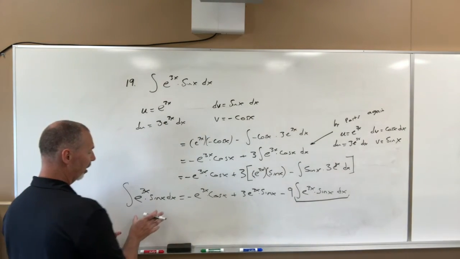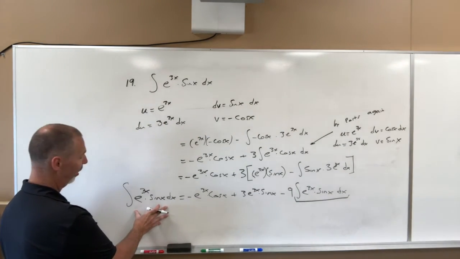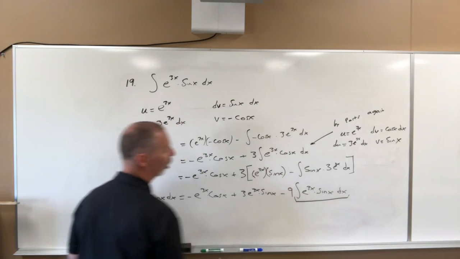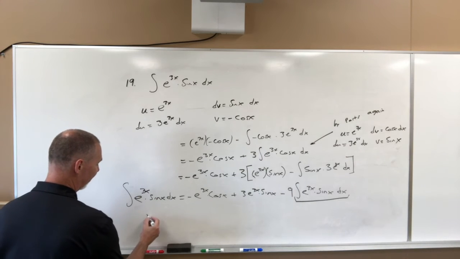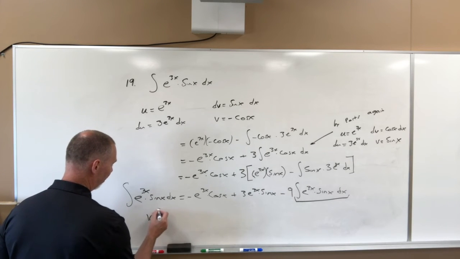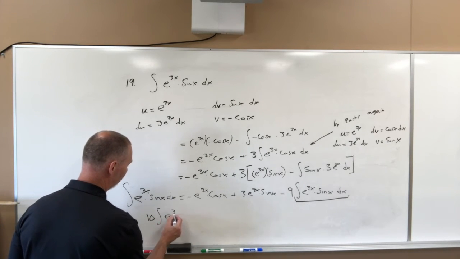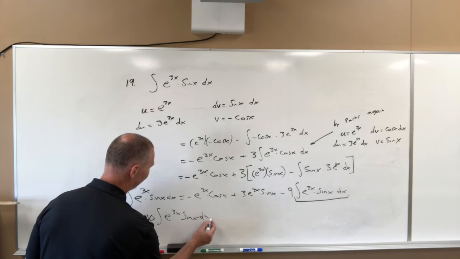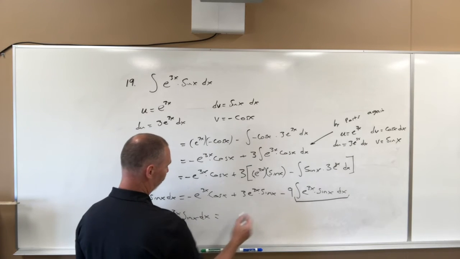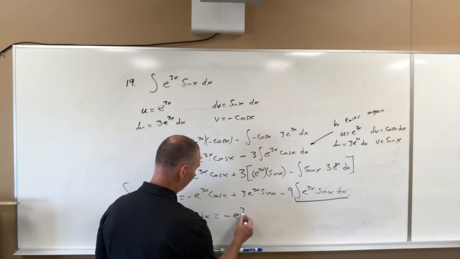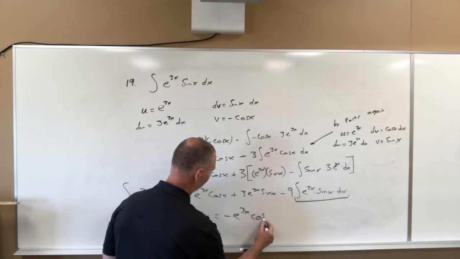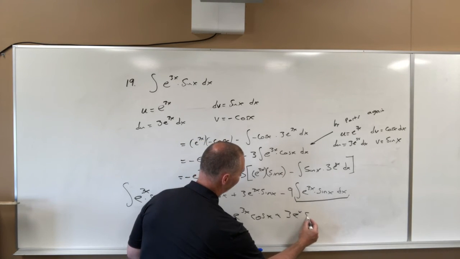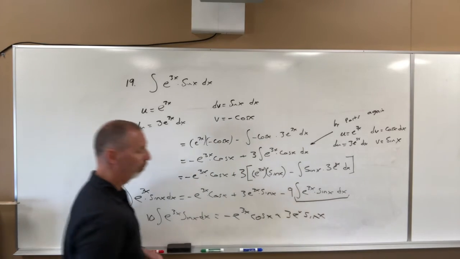And if I do that, I have 1 integral of e to the 3x sine x dx, and I have 9 over here. If I bring it over, I'm going to get 10 times the integral of e to the 3x sine x dx equals what's left here, which is negative e to the 3x cos x plus 3e to the 3x sine x.